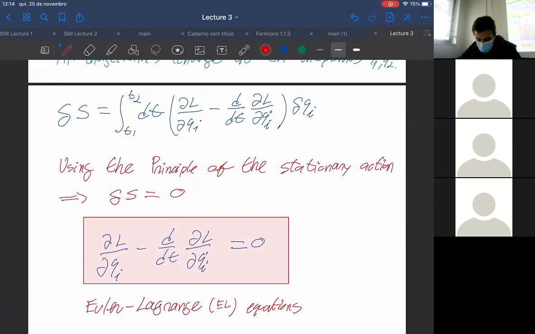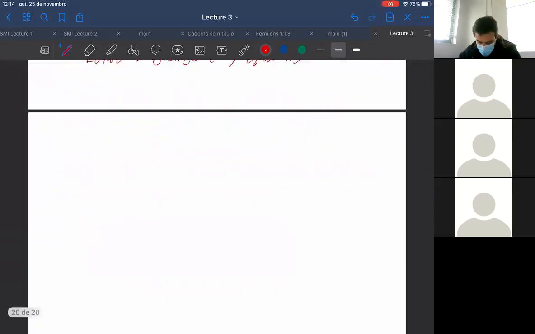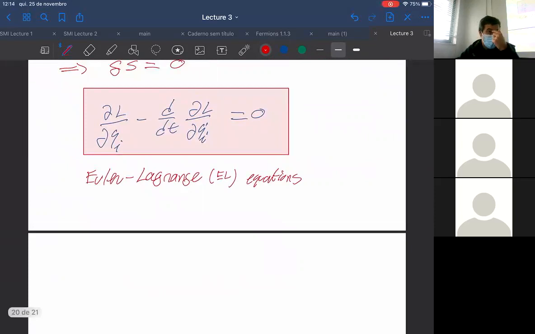Yes. My understanding of it is that we can say this only because T1 and T2 are arbitrary, so we could choose any trajectory, and because the integral always has to be 0, then the integrand has to be 0. What we are doing is that we are fixing the two points, Q1 to Q2, and what is the best trajectory to do that?